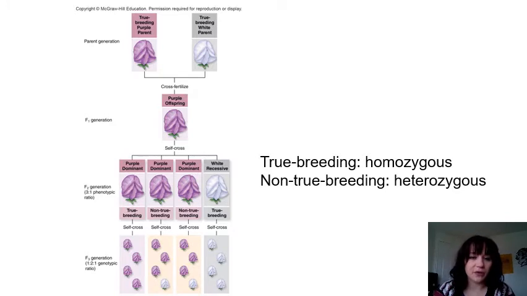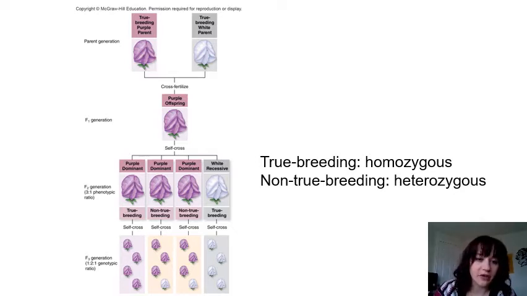So here's a nice overview of his system, right? He starts out again with 2 homozygous strains, 2 variants of this gene, purple or white for flower color, cross-fertilizes them, and he gets the resulting F1 generation. The trait that he gets helps him determine which one is the dominant trait and which one is the recessive trait.